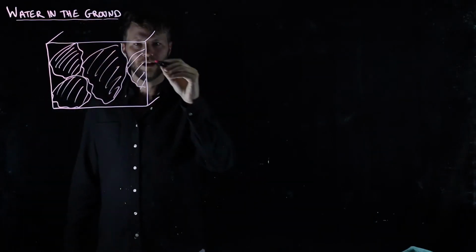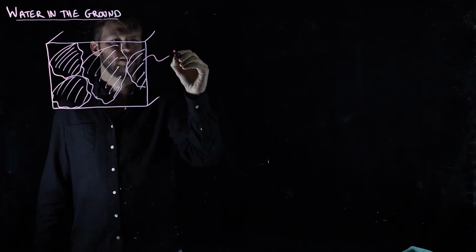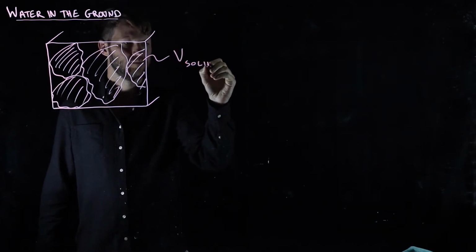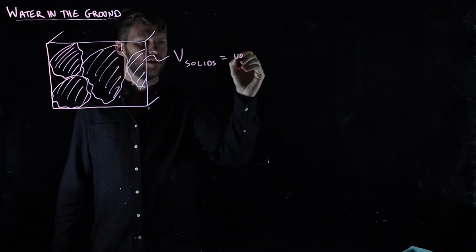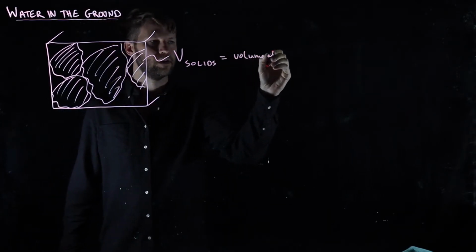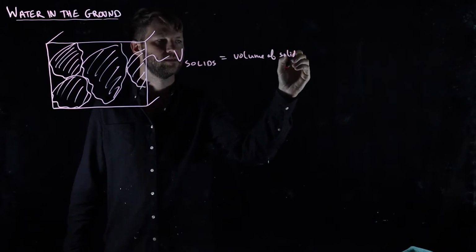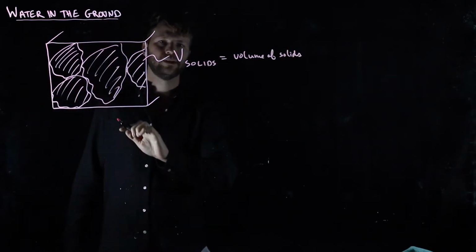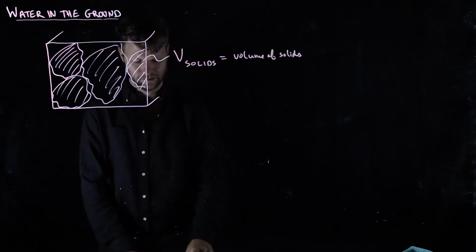And we will call this part here V sub solids. And this is the volume of solid material. So even though this is just a 2-dimensional slice, we can picture it extending back into 3 dimensions.